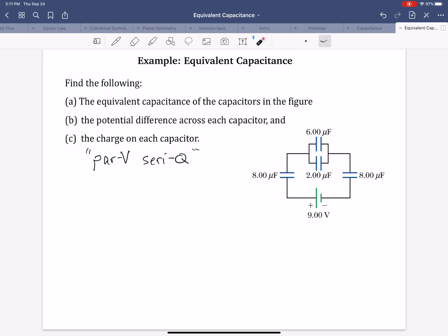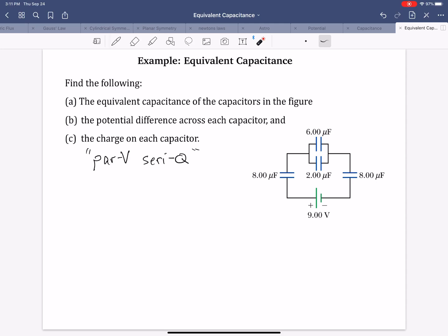And so this means for capacitors in parallel, the voltage is the same. Like these two here, the 6 and 12 microfarad capacitors, those values aren't the same, but the voltage has to be the same. The charge, not so much.